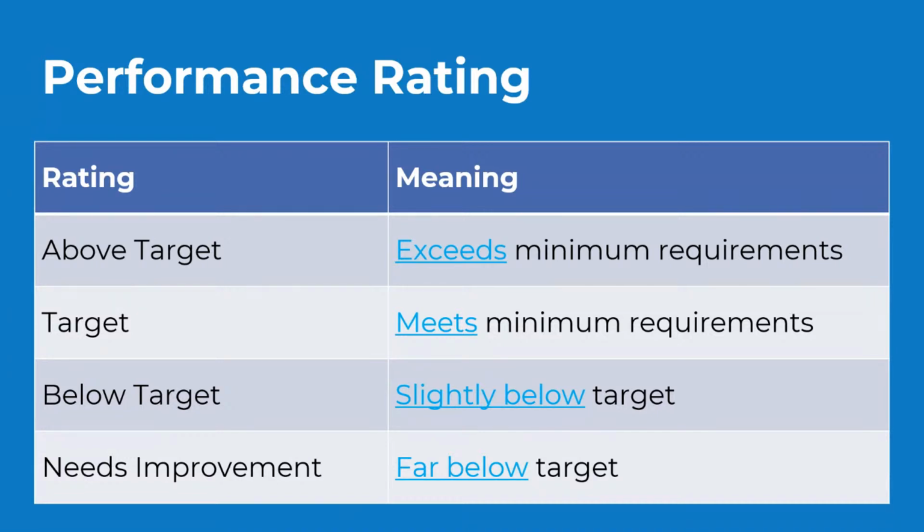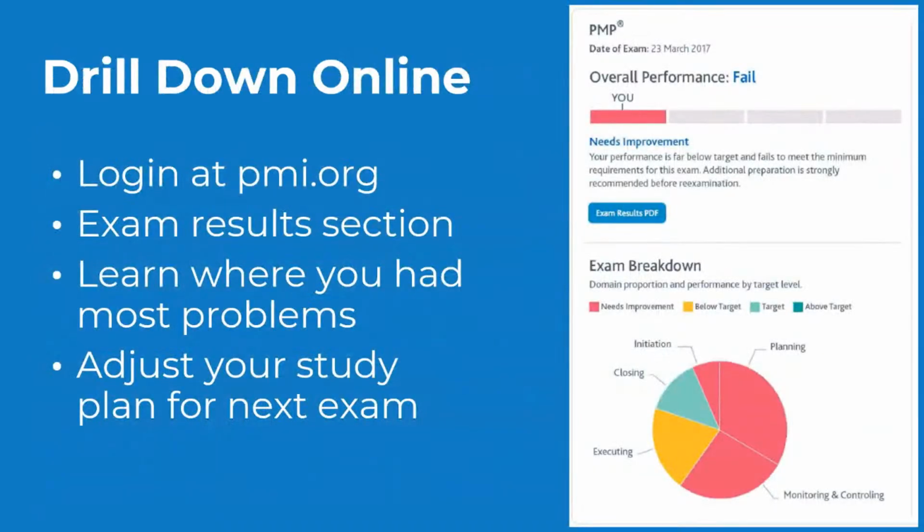So PMI does give you guidance here and how you can better focus your studies. They even give you a drill down. Now, fair warning, this particular screenshot here is from a previous exam sample that I had, where the previous PMI sample, where we had the old 5 domains.